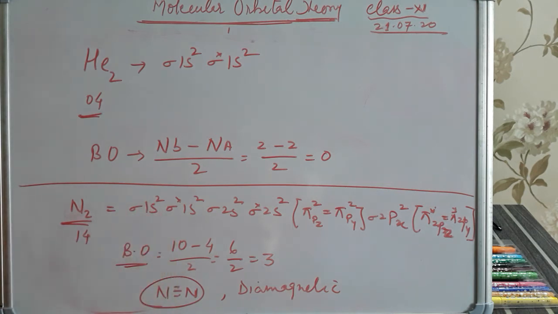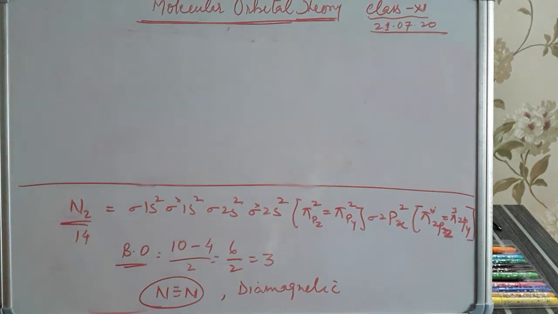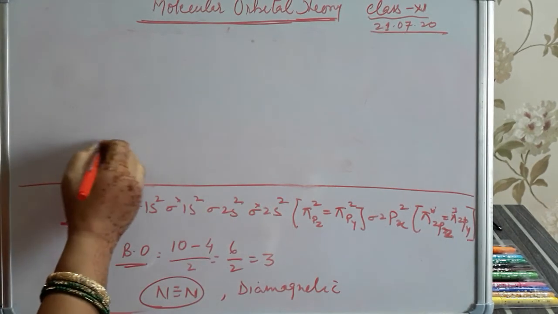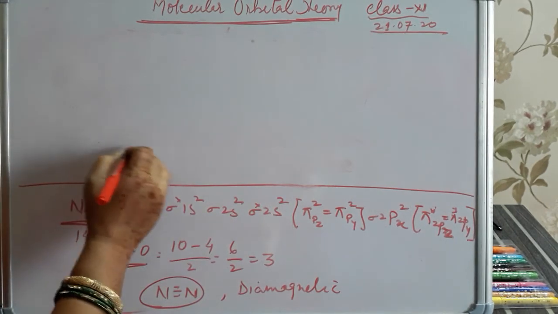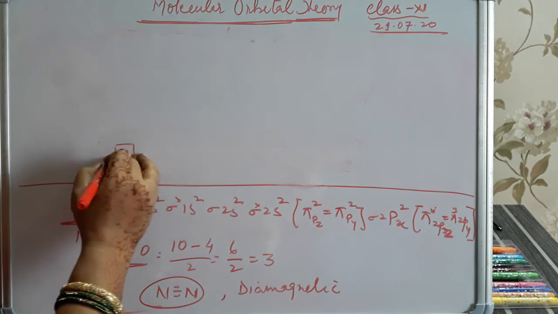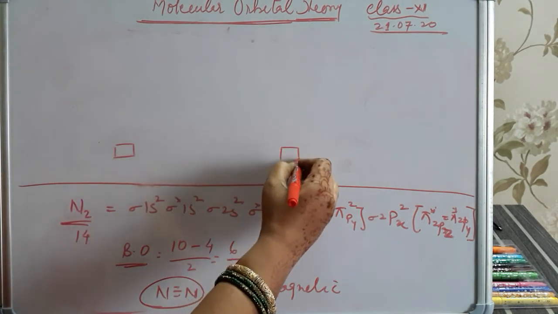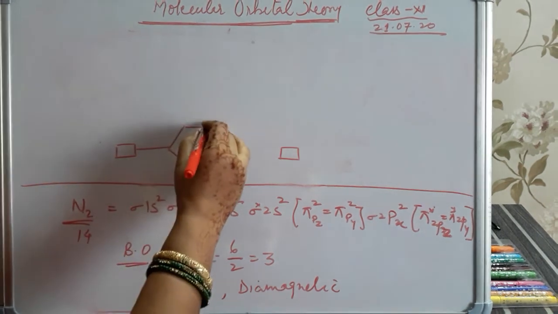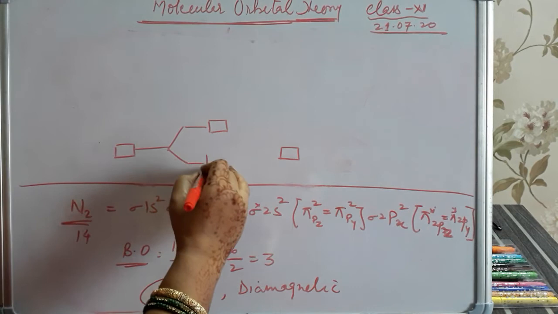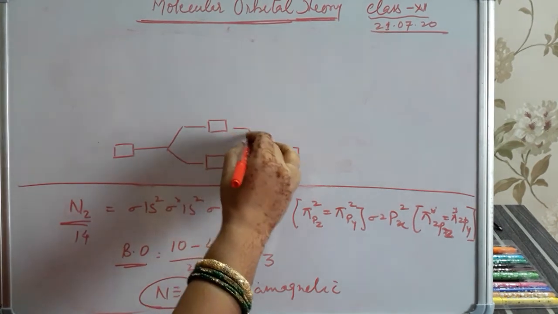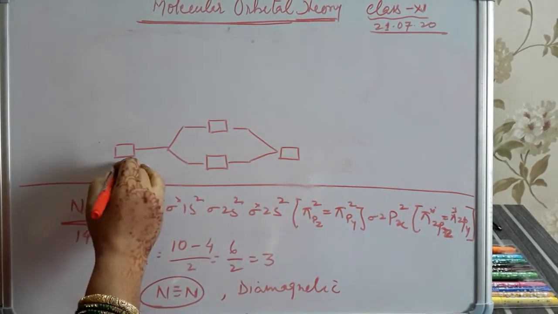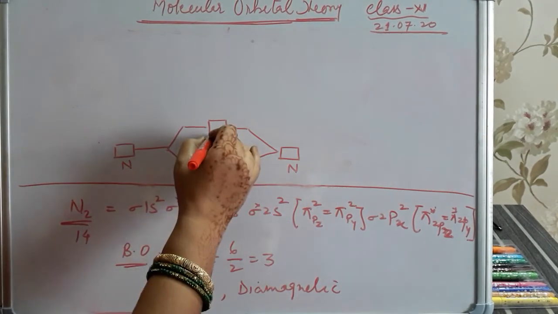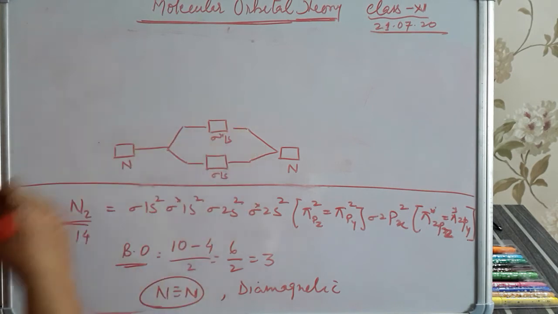So see here, sigma 1s2, sigma 1s2 like this. Nitrogen, 1s. This is for one nitrogen atom, this is another nitrogen atom, this is sigma 1s, and this is sigma anti-bonding 1s.